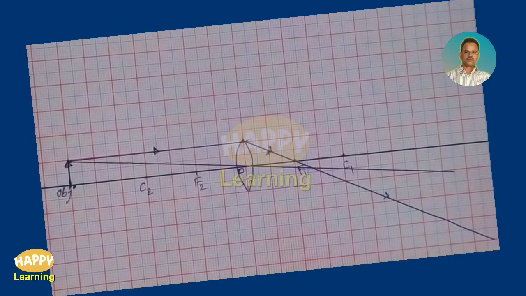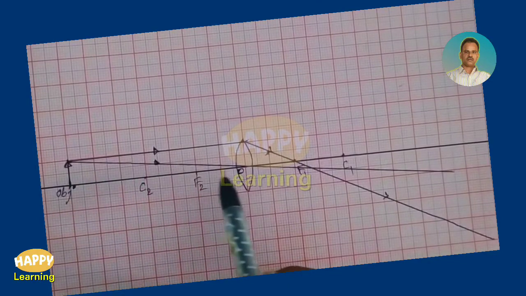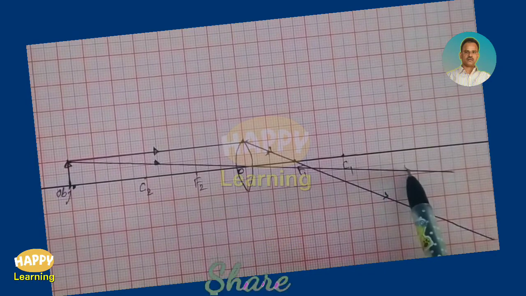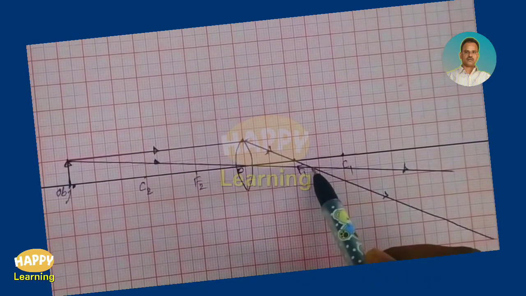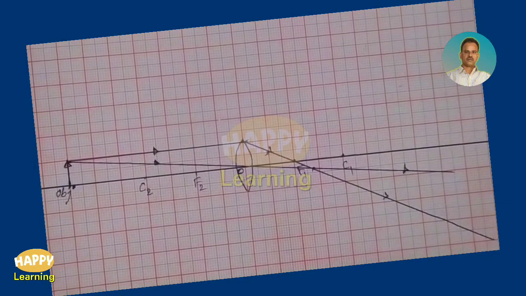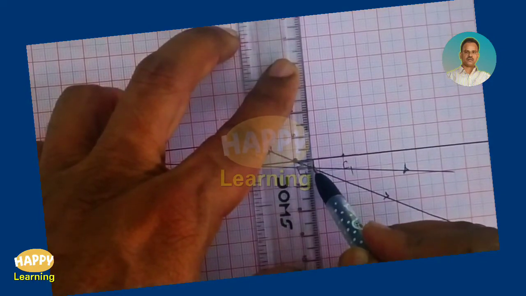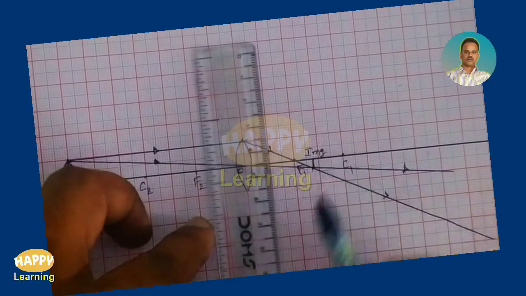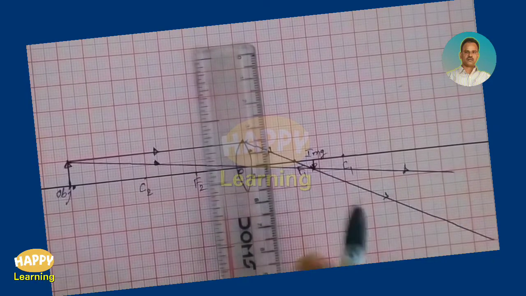So this is one ray. A ray passing through optic center will not deviate, so it moves undeviated. At this point of intersection, we get the image. So here is the image, and it is inverted.